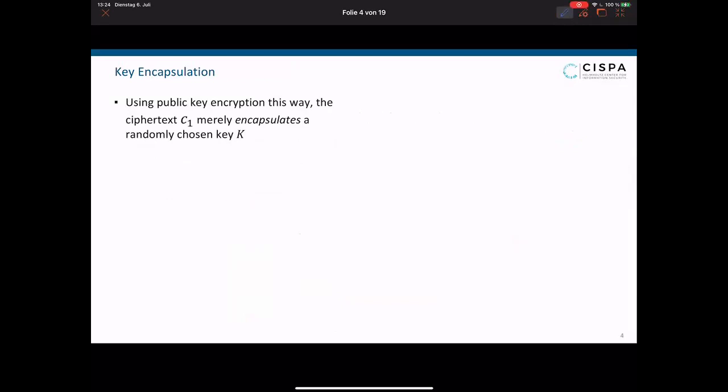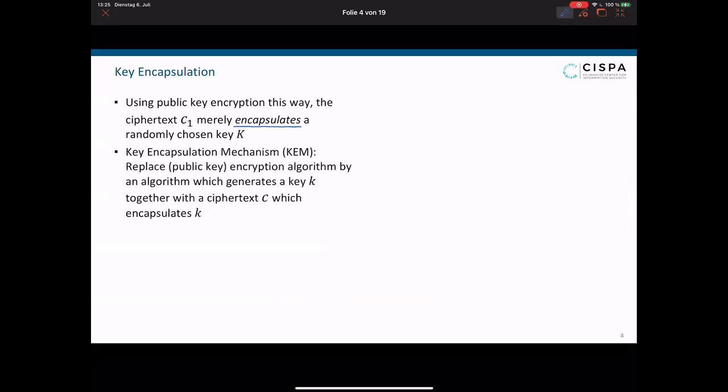So in hybrid encryption, we're just using the public key encryption scheme to encapsulate a randomly chosen key K. We wrap this key, transport it securely to the receiver, who unwraps it and then decrypts the payload data, which is given to him. So this encapsulation is just another technical term here.